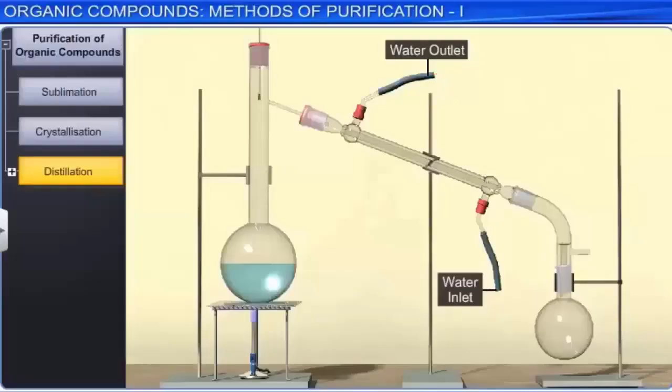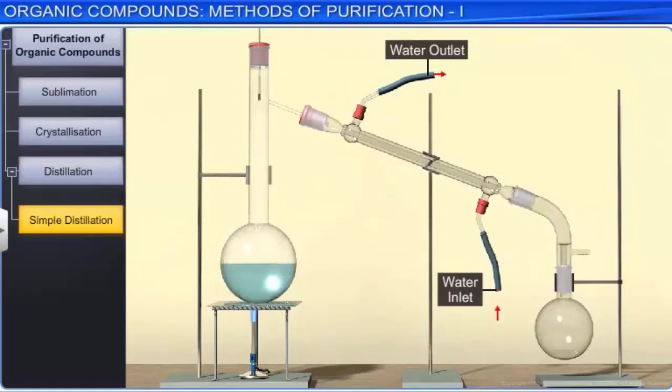Now let's look at the distillation process. This method is used for separating volatile liquids from non-volatile impurities, and also to separate the liquids which differ in their boiling points. Simple distillation is used when the liquids in the mixture differ appreciably in their boiling points.